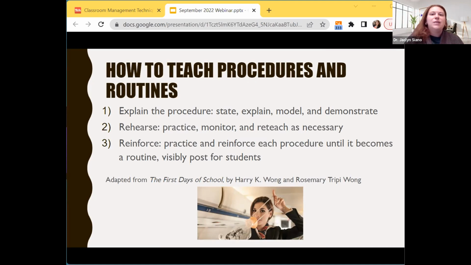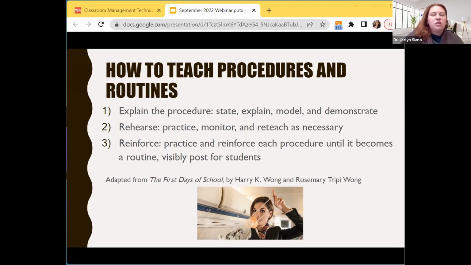The reason we know that is if you've flown multiple times, they do the same procedure every single time, and then it becomes a routine, right? So the set procedure is explained and modeled. They show you this is how you put on your oxygen mask. This is how you buckle this. So if you've flown a few times, oh, well, yeah, I know how to do this because they've modeled and demonstrated it to you. Same thing goes for the classroom.